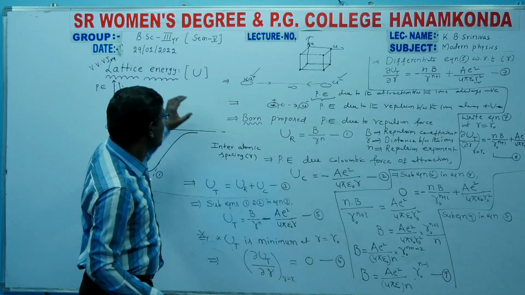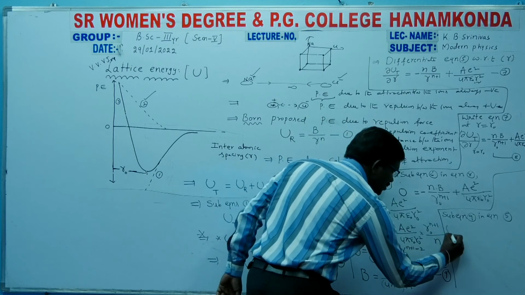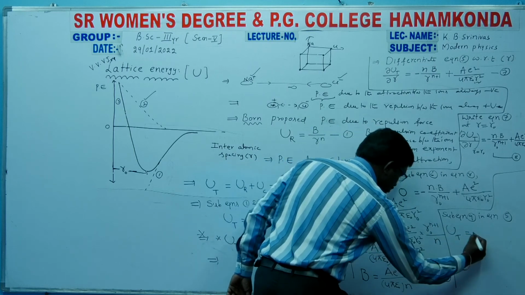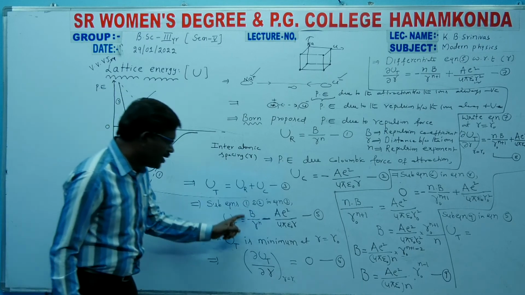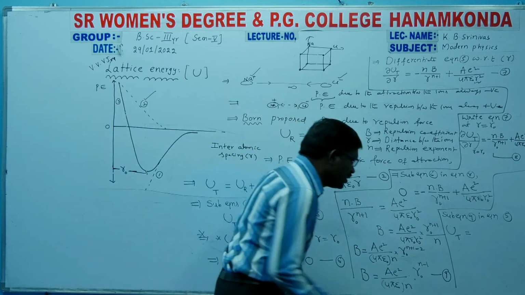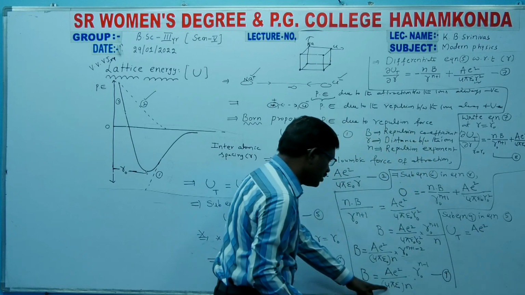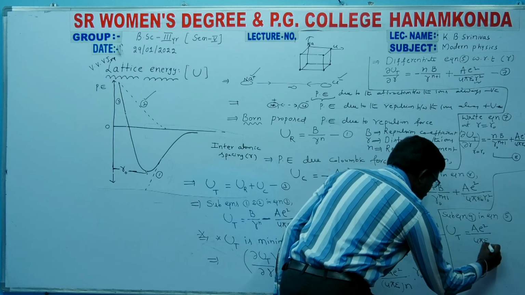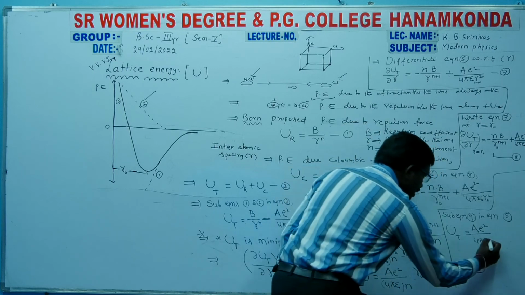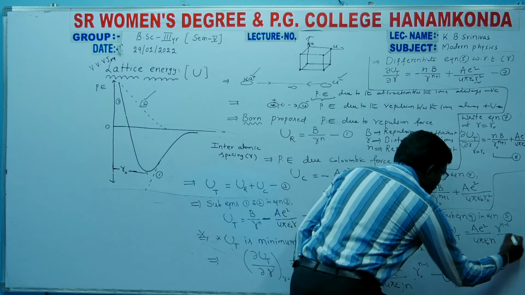So the total lattice energy of the given crystal, that is UT, is equal to, instead of B we have to substitute AE square by 4 pi epsilon naught into small n into r to the power of n minus 1.